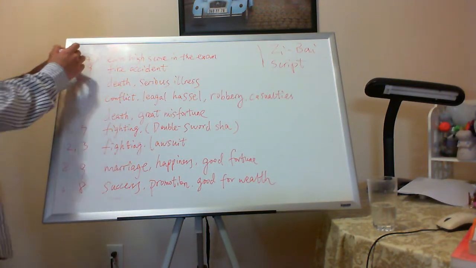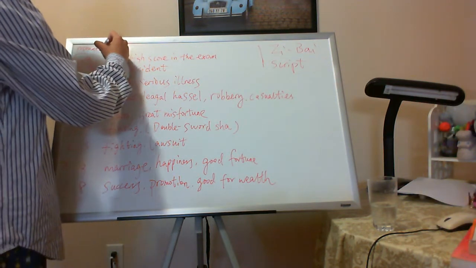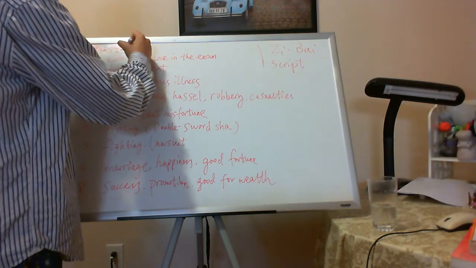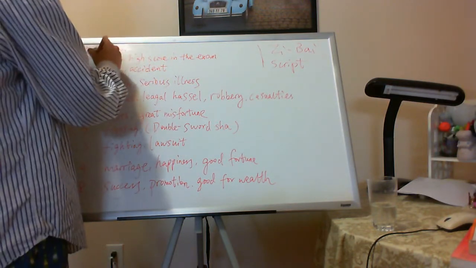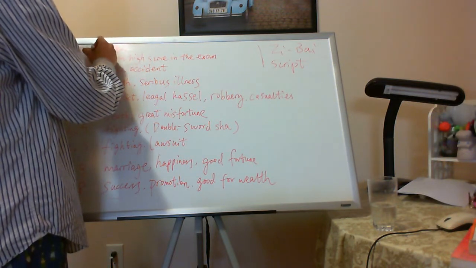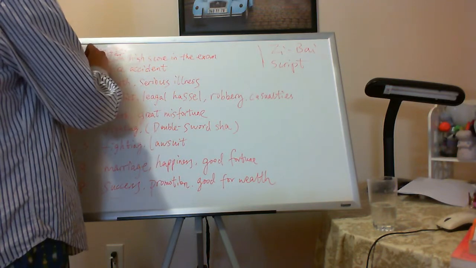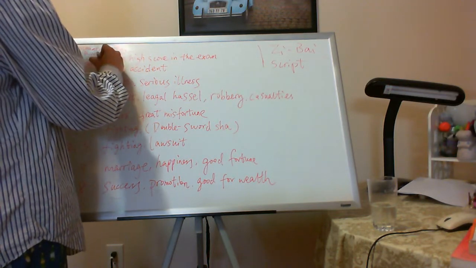So we have the mountain star, and we have the facing star, the water star, and there's also a yearly star, right?